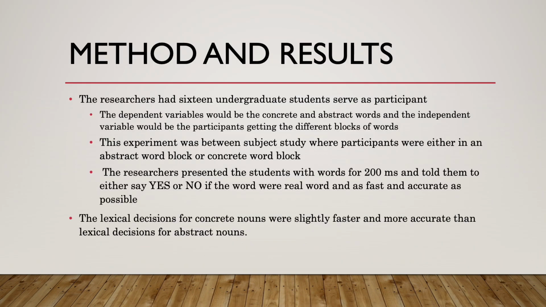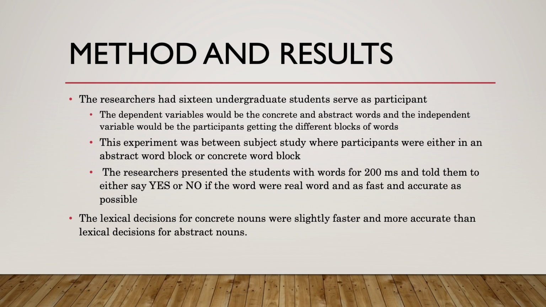Methods and results. The researchers had 16 undergrad students serve as participants. The independent variable would be the concrete and abstract words, and the dependent variable would be the participants who were getting the different blocks of words. This experiment was a between subject study where participants were either in an abstract word block or a concrete word block.